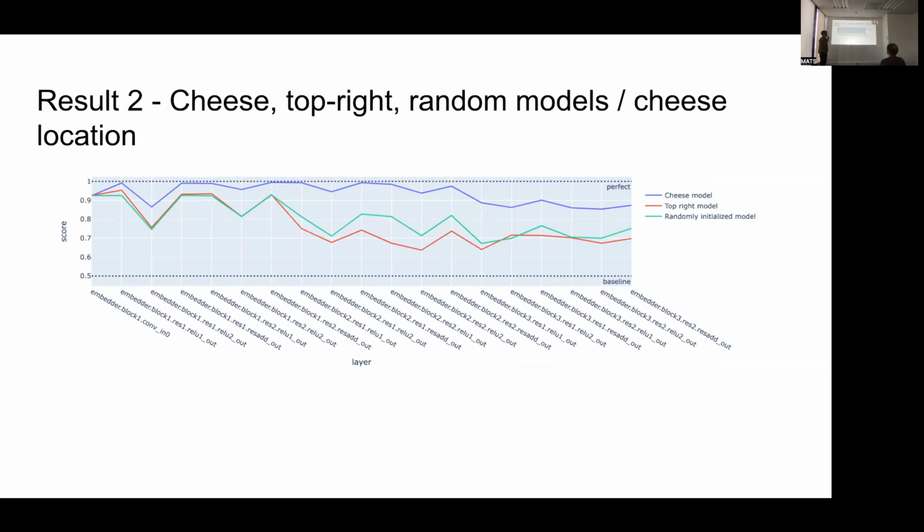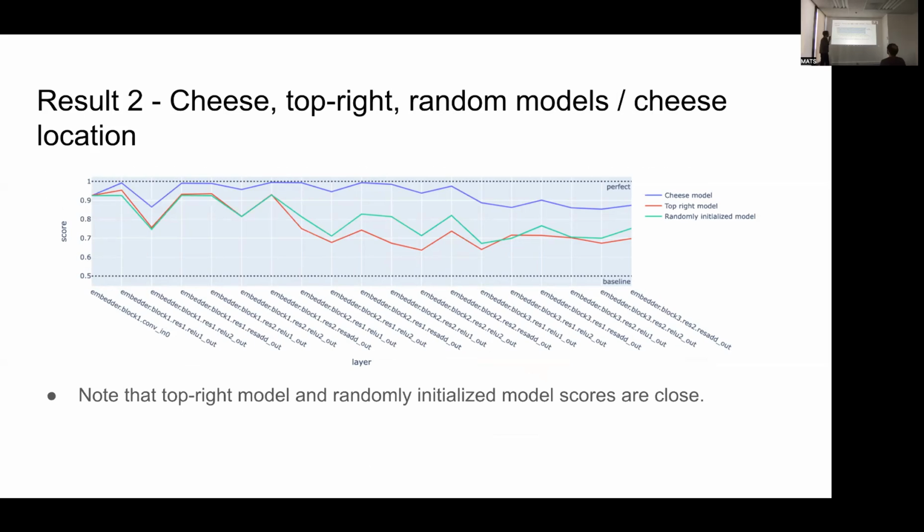As you can see, the cheese model is the one that keeps track of the cheese. The other models don't really keep track of the cheese as much, but we'll make a point about that now. What's going on here is that the model is taking the image of the maze and sequentially processing it.